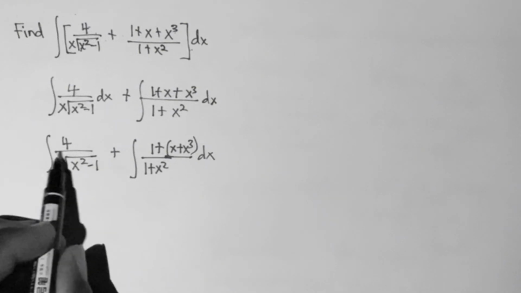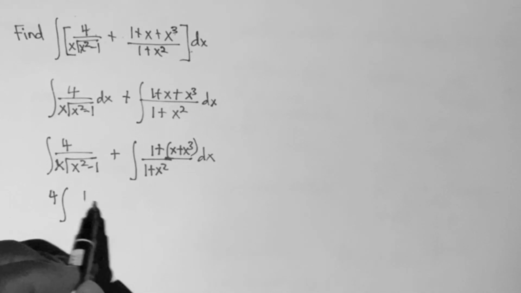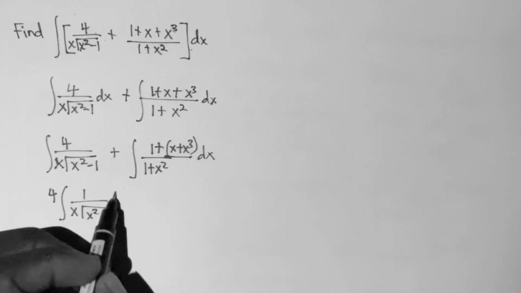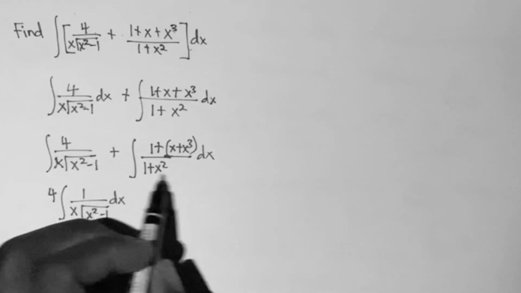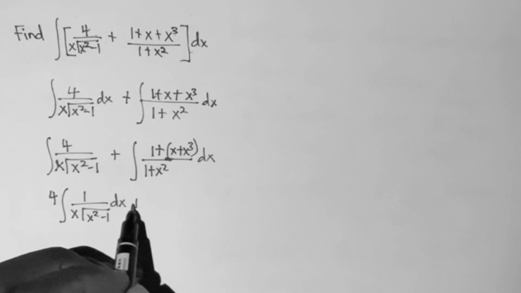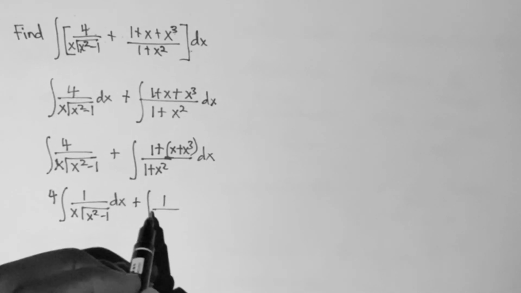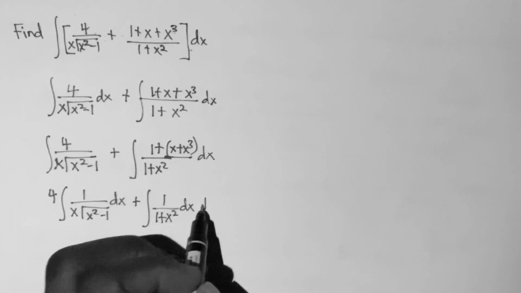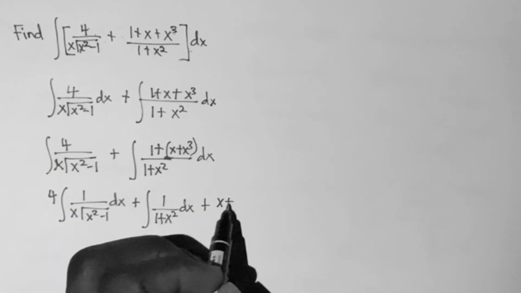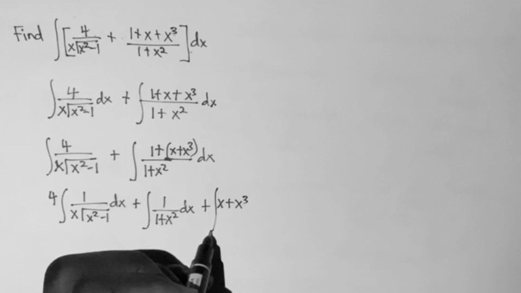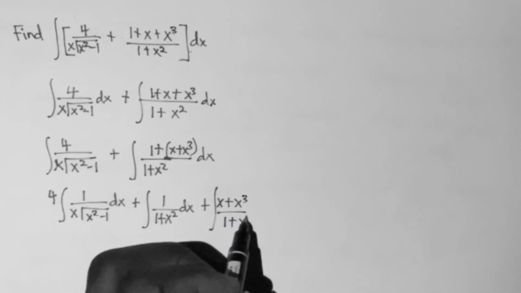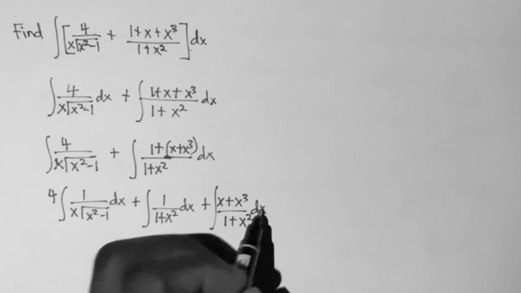So this becomes, factorizing 4 out, 4 integral of 1 divided by x square root of x squared minus 1 dx. Then breaking this integral into 2, plus the integral of 1 divided by 1 plus x squared dx, then plus the integral of x cubed divided by 1 plus x squared dx.